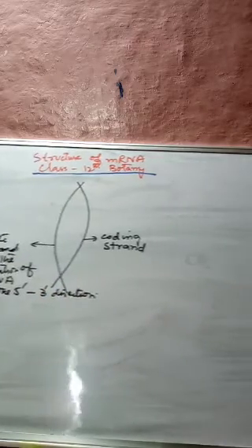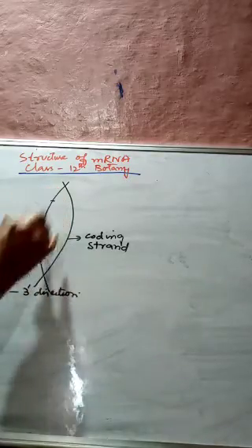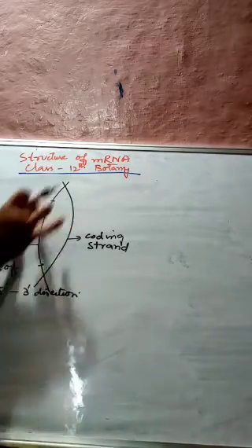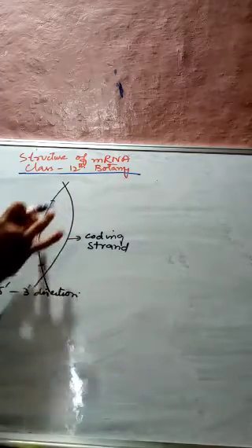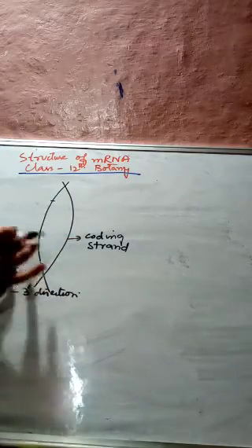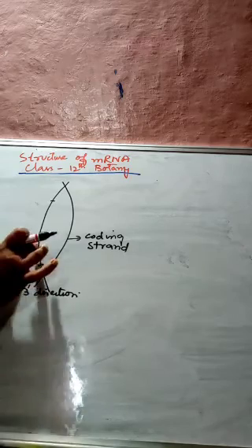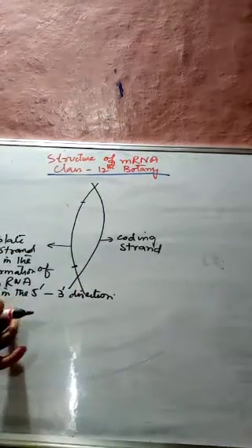This part is called the cistron. This is the template strand, which contains the genetic information, and it takes part in the formation of the mRNA.